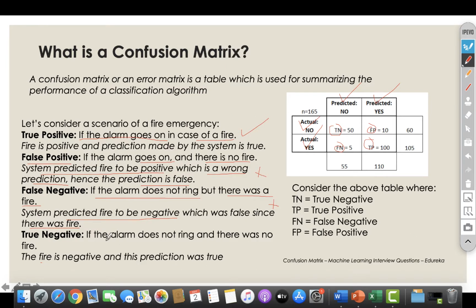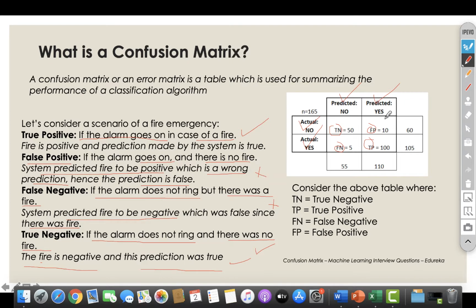So in the last case, if the alarm does not ring and there was no fire, the system prediction is negative and this prediction was true and there was no fire. So two cases true and two cases false.